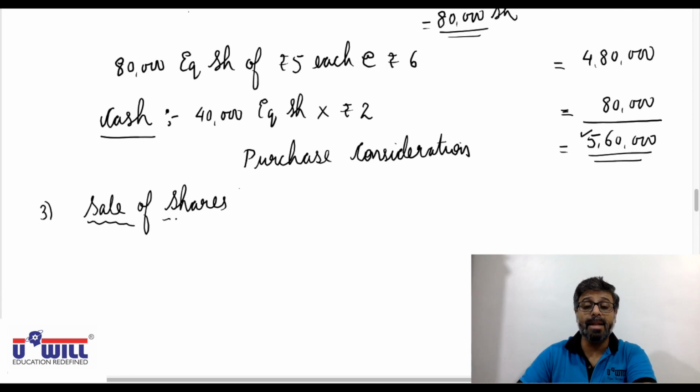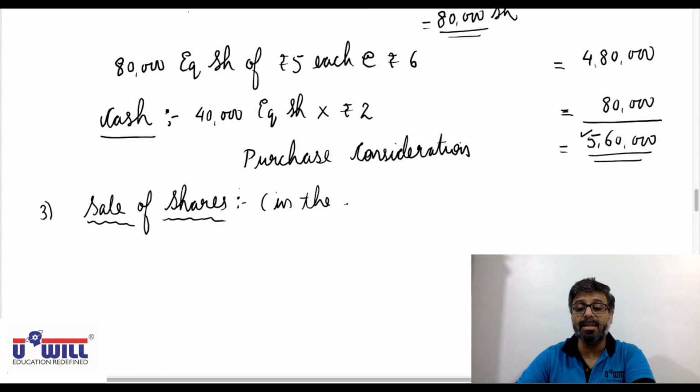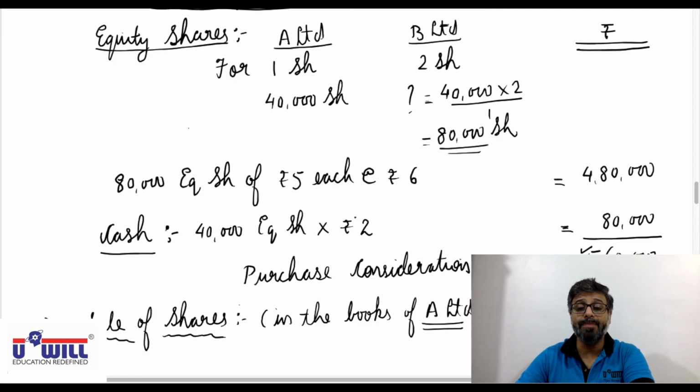This is there in question 10 also, which you are going to try on your own. Sale of shares: this working is relevant in the books of A Limited, the transferor company. They are only selling these shares. Now, what will be the entry?